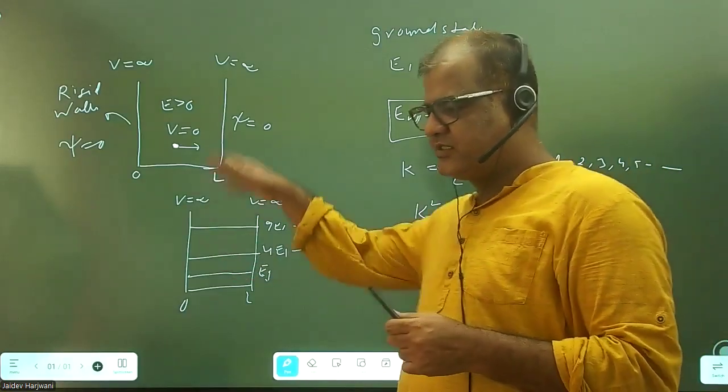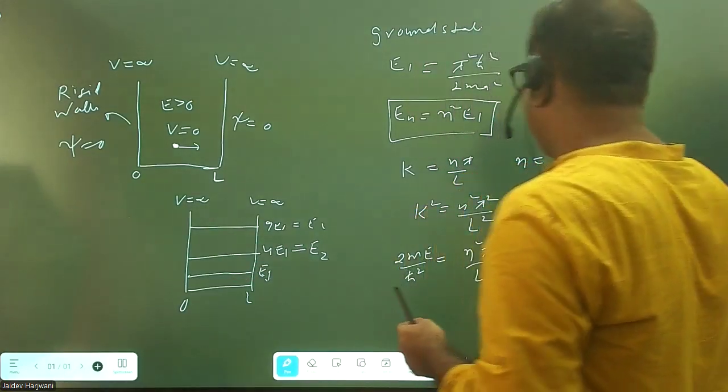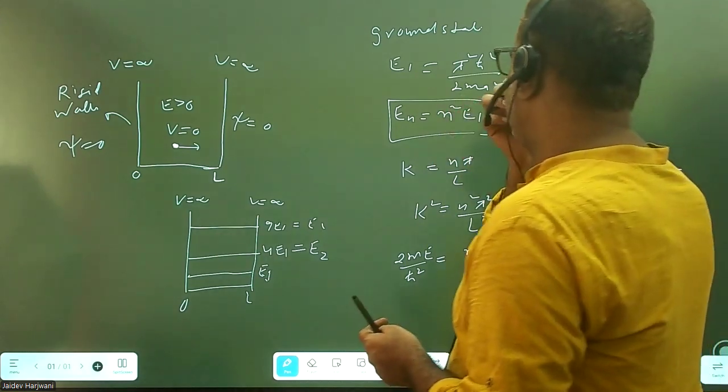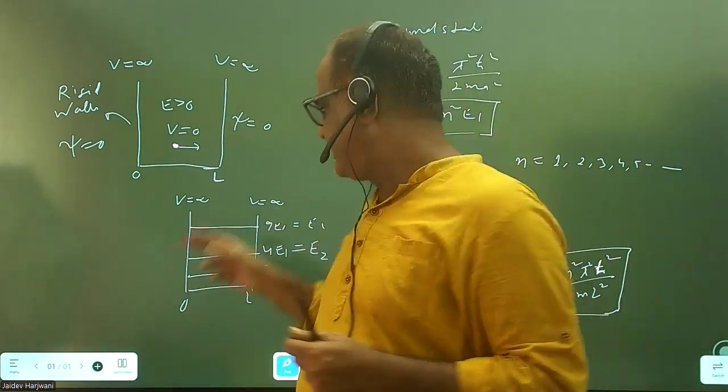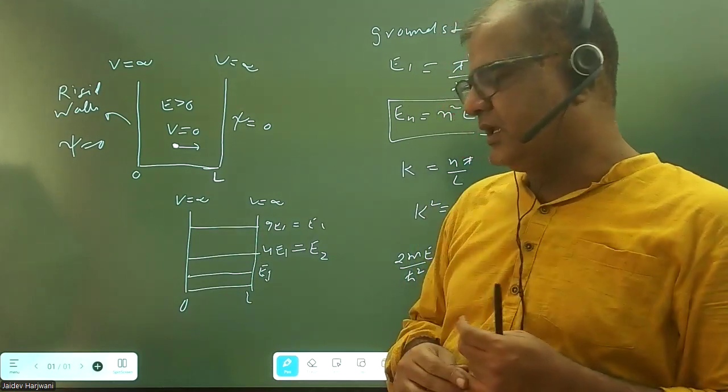So these are the discrete levels, and we can easily find the difference between two energy levels using this equation.